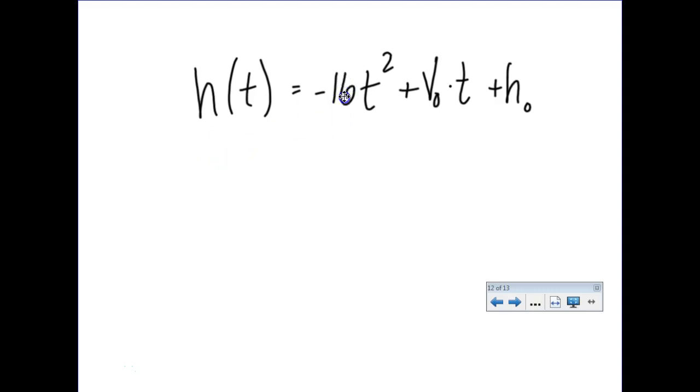However, notice that negative 16 kept showing up in your Algebra 2 problems over and over again. Do you remember what that was, and why it kept showing up? I heard it. I heard gravity. So negative 16 is the acceleration due to gravity in feet per second squared.